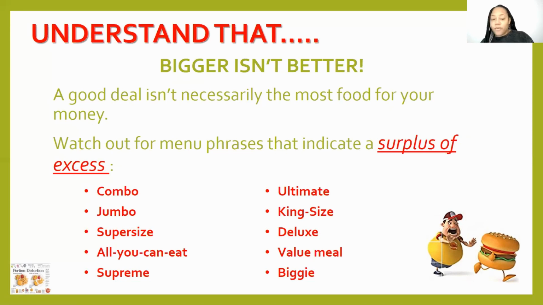You want to be mindful of words like combo, jumbo, supersize. I know everybody's heard of all you can eat, or supreme, ultimate, king size, let me get a deluxe, value meal, or even biggie. Just keep those things in mind to remember that these different phrases indicate that there is going to be excess food.